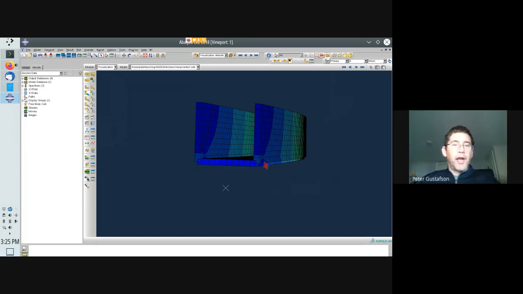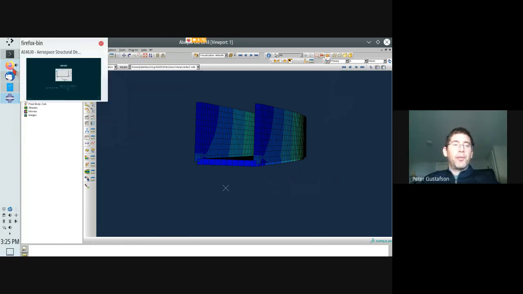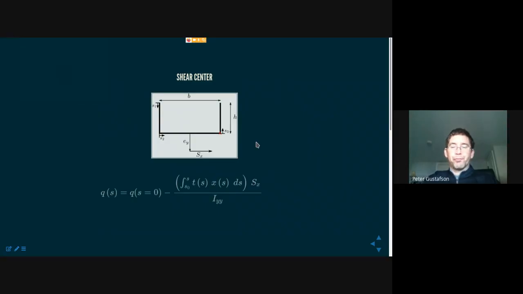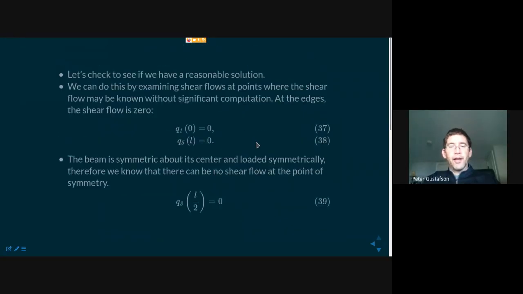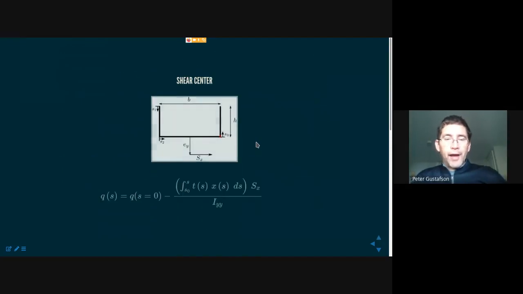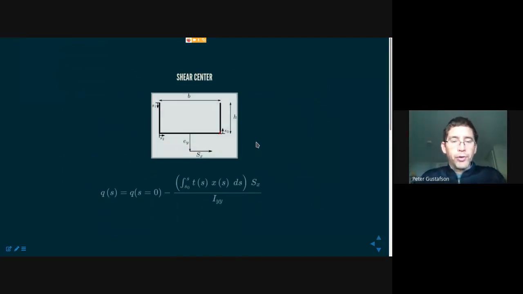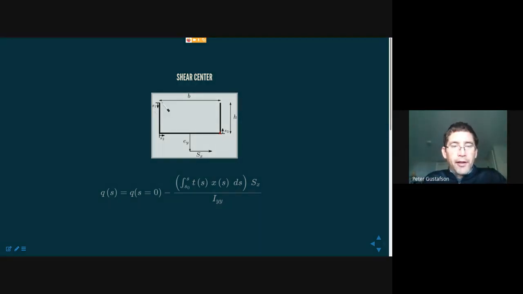Okay, conceptually, I hope you can understand that concept. Now the question becomes, of course, how do we compute the shear center? It's not an easy thing to conceive of until you have a reasonable approach to do so. So here we have that geometric entity, a U channel.